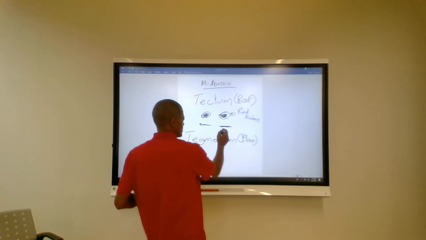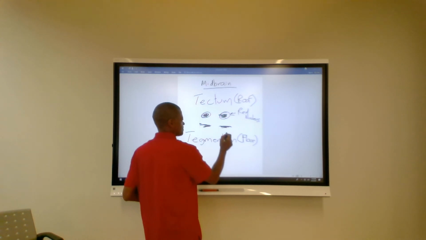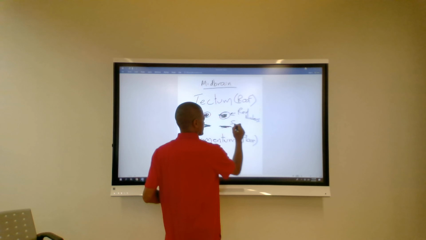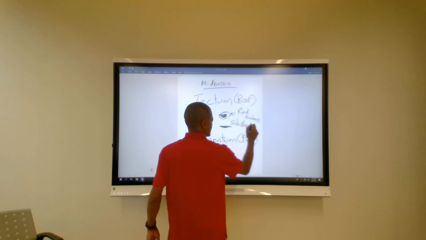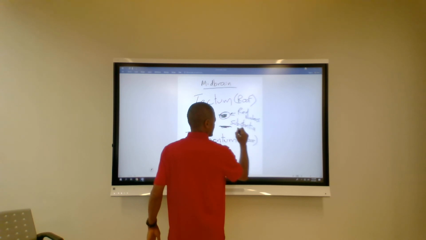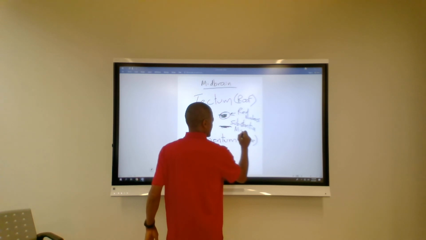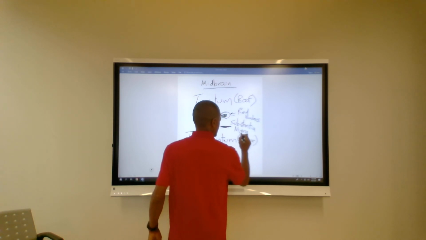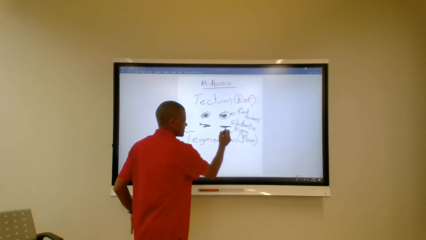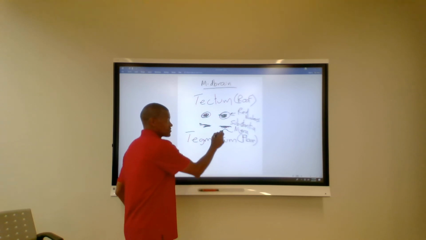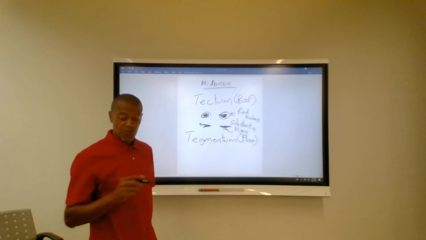And then this other area, substantia nigra, these are the other cells. We'll see those cells again when we deal with movement.